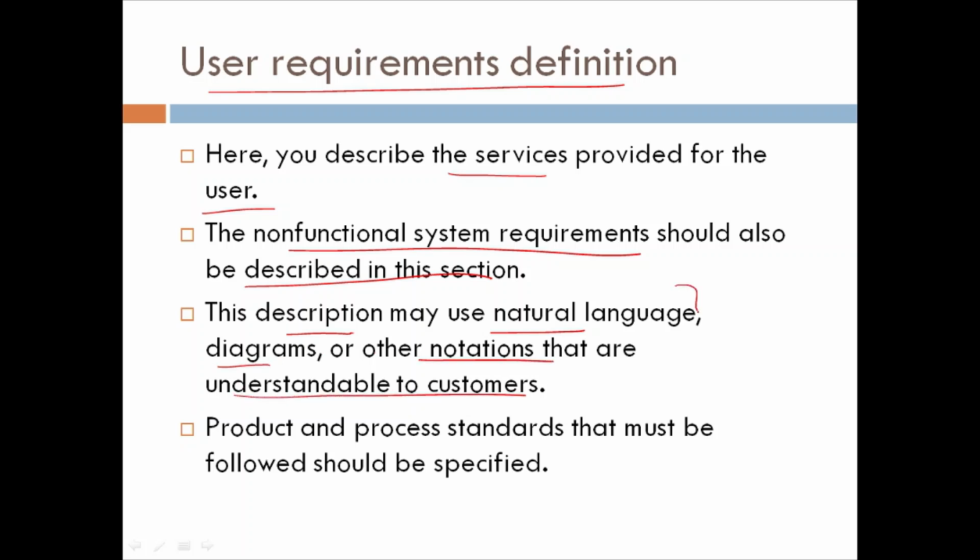So basically understandability of this document by the customer is a necessary requirement. All the requirements must be specified as close to the understandability of the customer so that they can use this document for validation of their requirements. Product and process standards that must be followed should also be specified here.